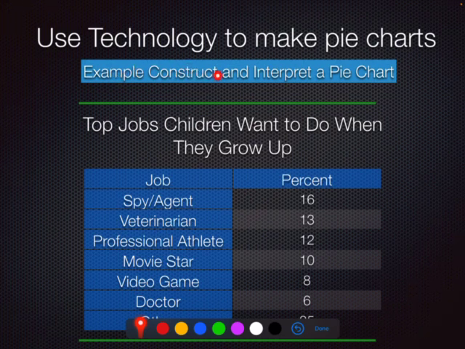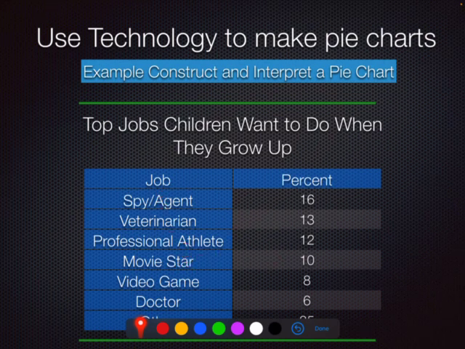This should say example: construct and interpret a pie chart. That's what we were just talking about, looking at those pie charts. So here's some data, and we're going to analyze this data by making a pie chart.